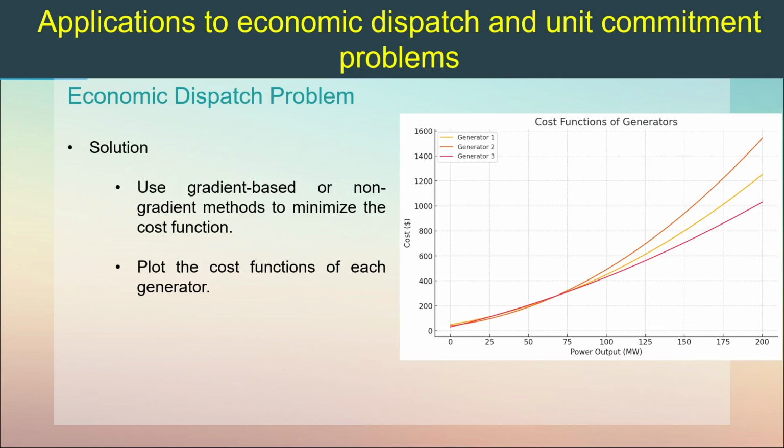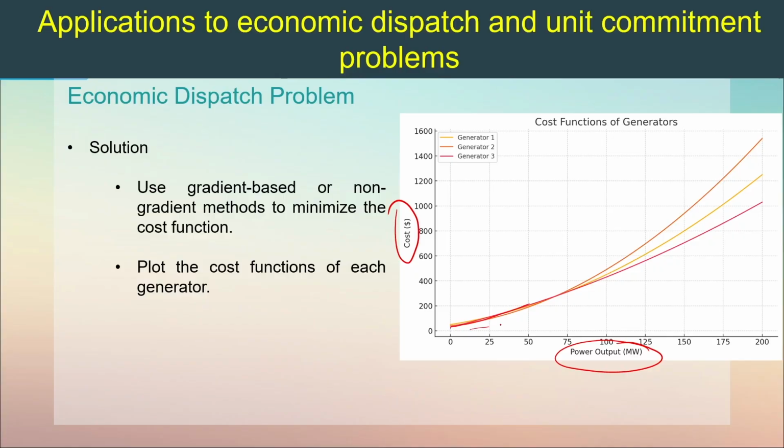To solve this problem, we can use a gradient approach or non-gradient approach to minimize the cost function. Say, for example, here the power output is given on the x-axis and the cost is given on the y-axis. When the power output keeps increasing, the cost also keeps increasing for every generator.